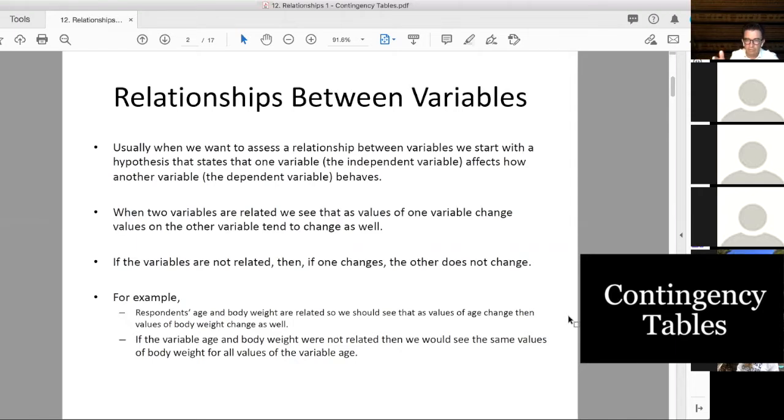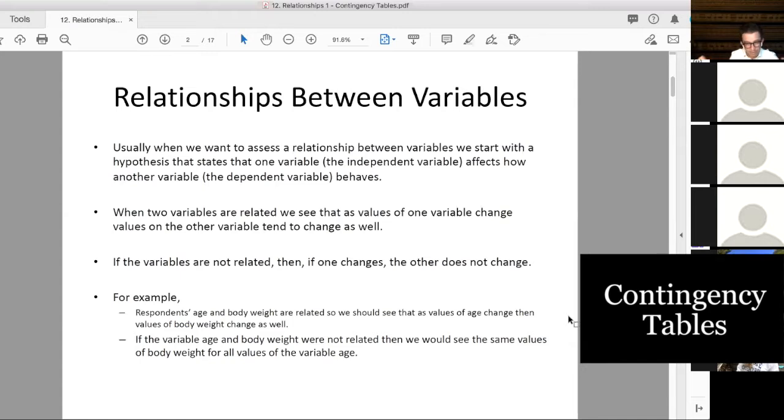If the attitudes for men are exactly the same as the attitudes for women, then gender has no impact on attitudes. There's no difference between men and women. So gender has no impact on attitudes, or attitudes do not depend on gender, right?